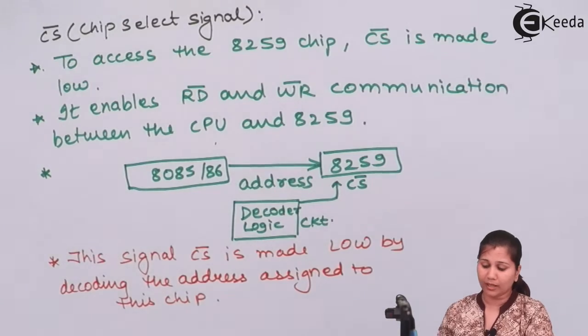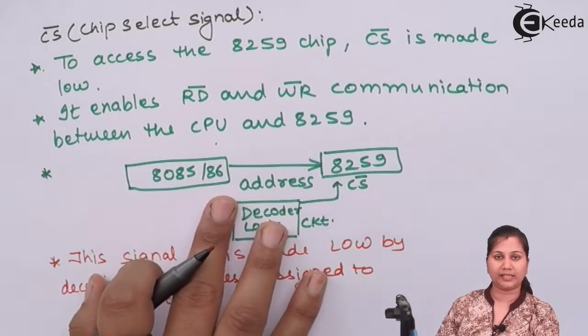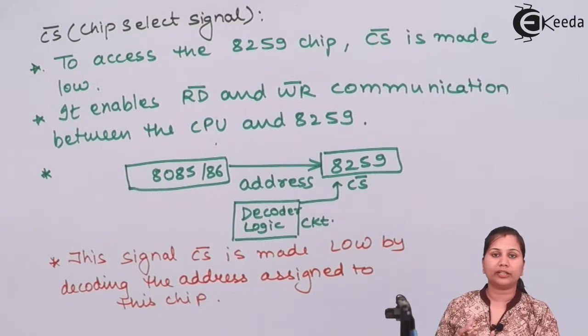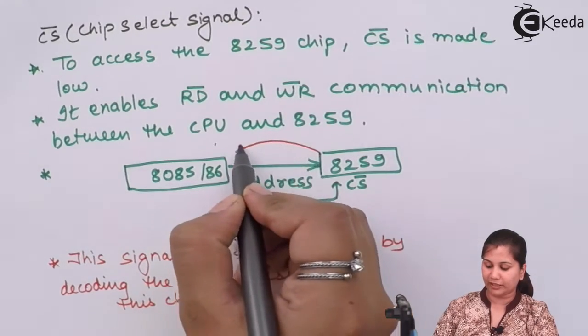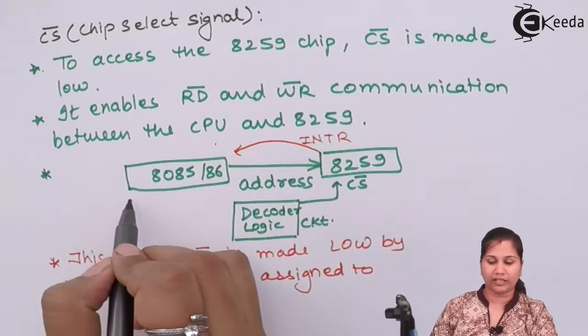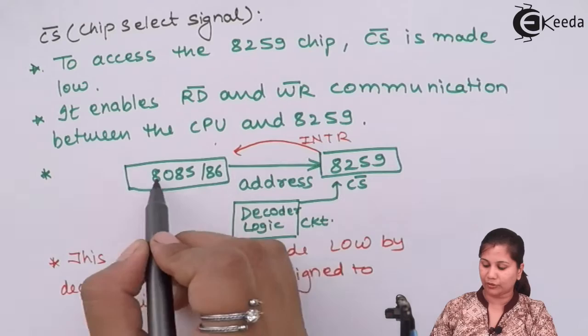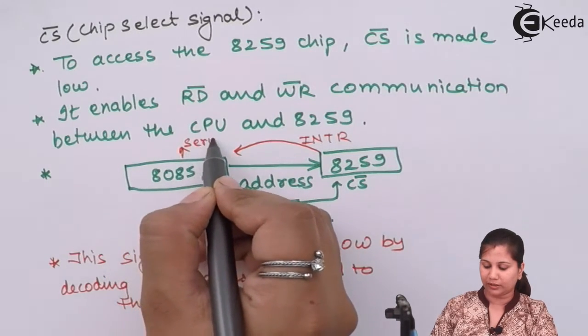Now whatever functions the 8085 or 8086 does for the interrupt operations, those functions are independent of this chip select signal. Suppose the 8259 is giving the interrupt request to the 8085, and the 8085 is going to execute the service routine.